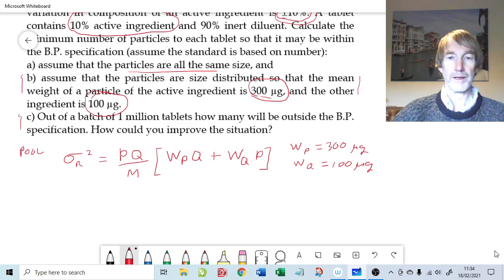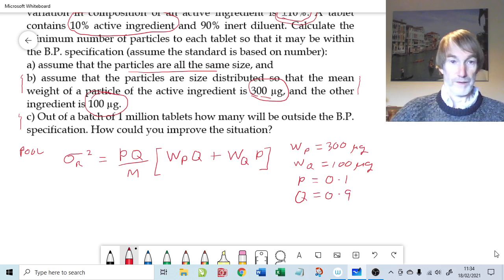P and Q we also know, because in this case we're going to use the weight fractions. The material is 10% by weight active ingredient, and therefore the other material present is going to be 90%. So these are all values that we can put into Poole's equation.